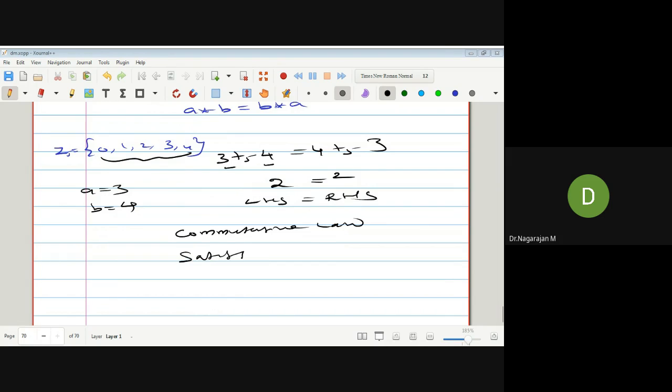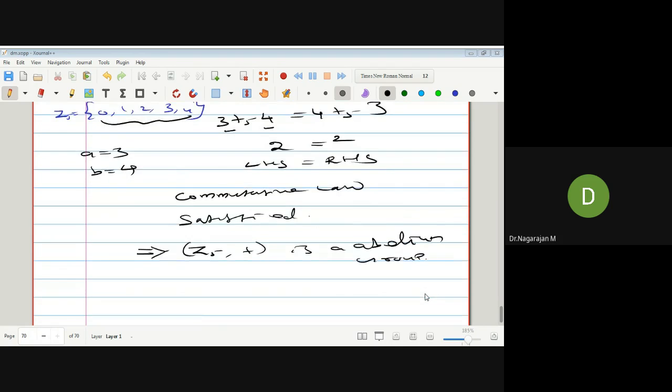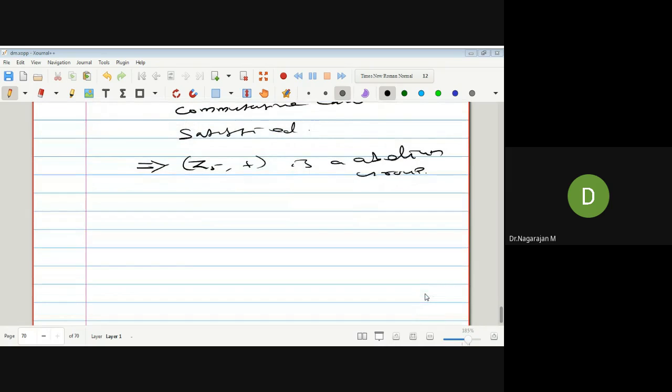Commutative law is satisfied, which implies that all 5 laws are satisfied, which means Z5 under addition modulo 5 is an abelian group. So, any doubt regarding this idea? No, sir. Similarly, we can find Z5 minus 0. This is a common concept, already done from the table.